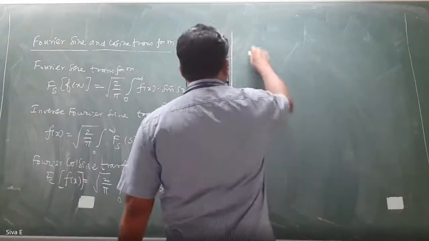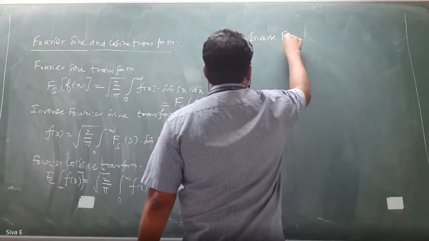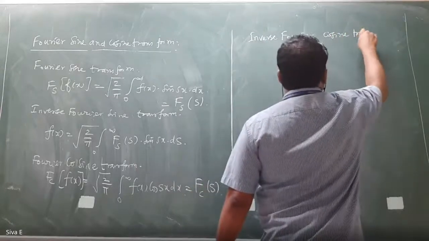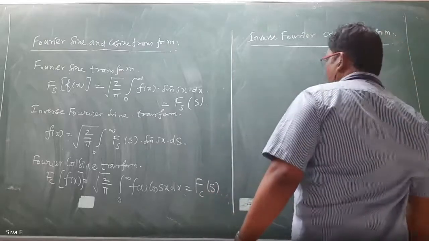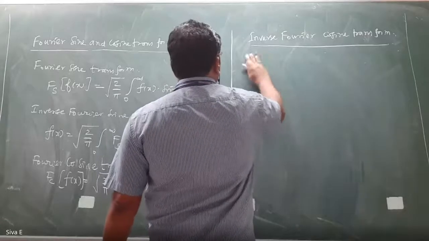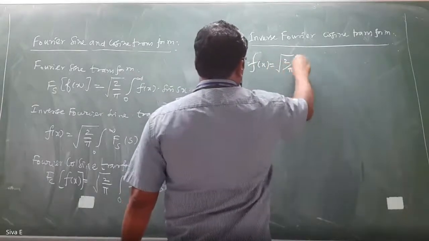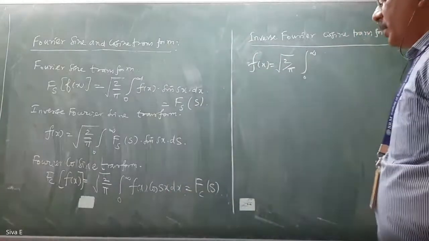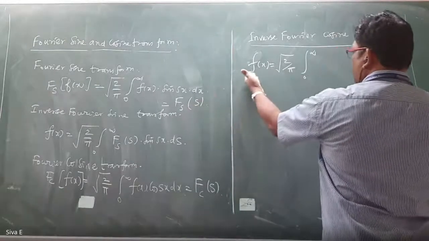The inverse Fourier cosine transform is f of x equal to root 2 by pi integral 0 to infinity Fc of s cos sx ds. See, and one more thing for the inverse Fourier sine transform and inverse Fourier cosine transform, left hand side is f of x.